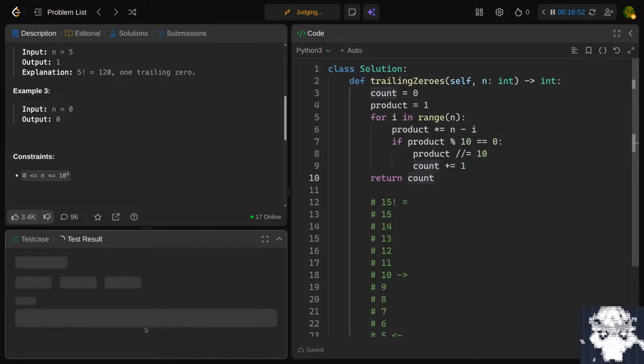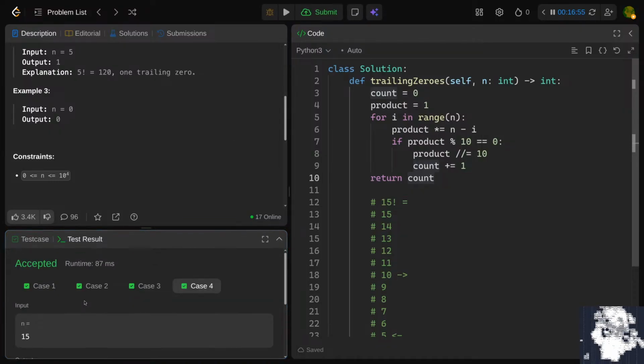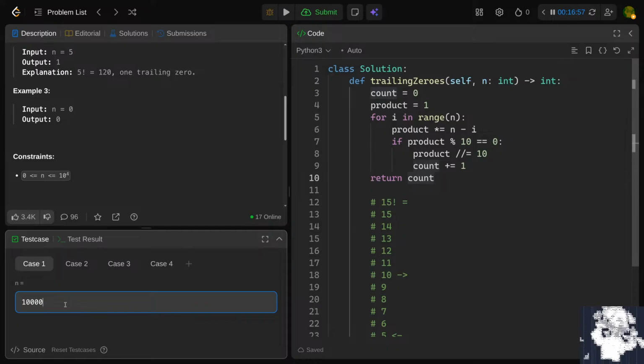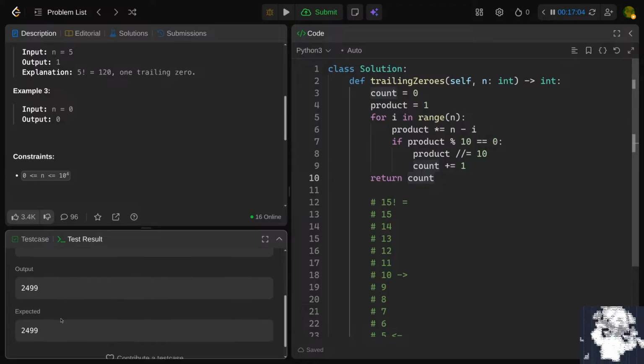That should be slow, right? Wait, I didn't add the test case. How do you add the test case? Or I did add the test case and it was not slow.